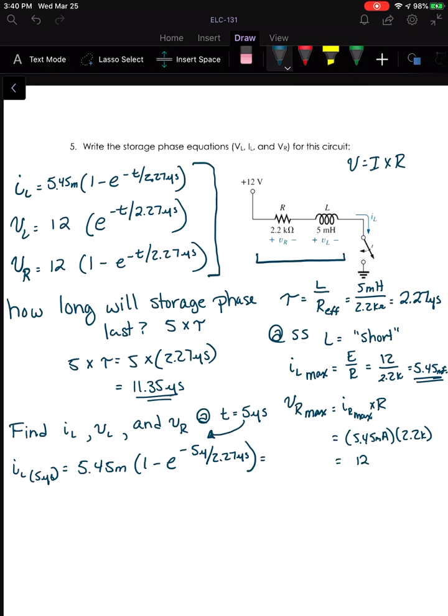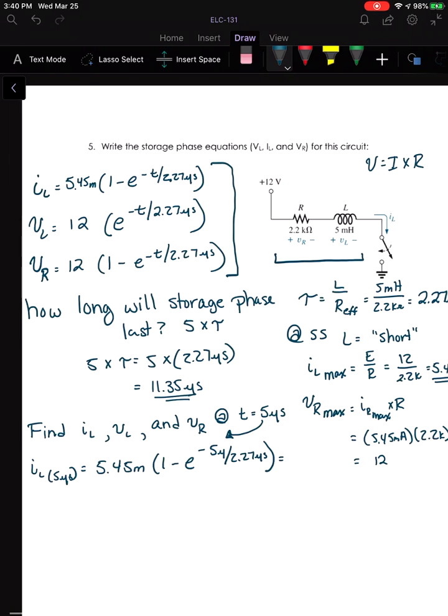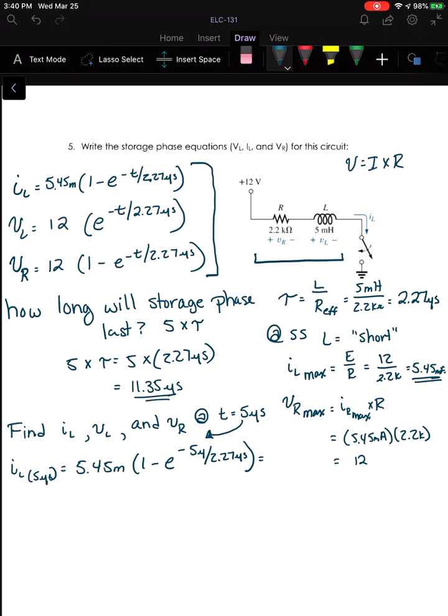Okay, so at 5 microseconds, we're all the way up to, let's see, about 4.85 milliamps. Okay, so remember, our current is starting at 0 and climbing to that 5.45 milliamps point.